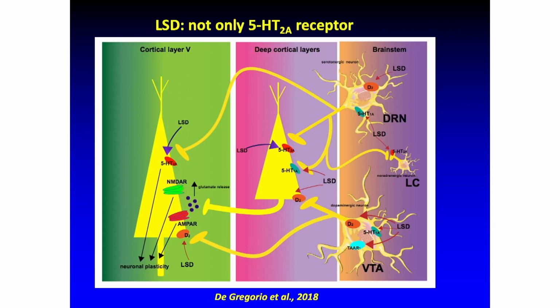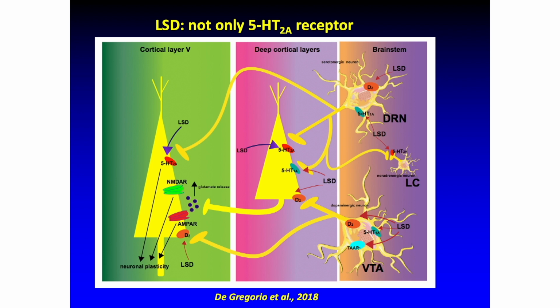But why is LSD so particular? Because LSD is a drug we can define as pretty promiscuous. It does not only bind the serotonin 5-HT2 receptor, but works with a very pleiotropic mechanism of action involving the 5-HT2 receptor, the dopaminergic D2 receptor, and trace amine-associated receptor 1 in different brain regions.